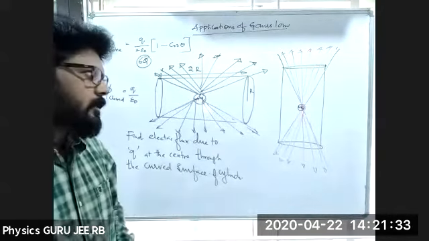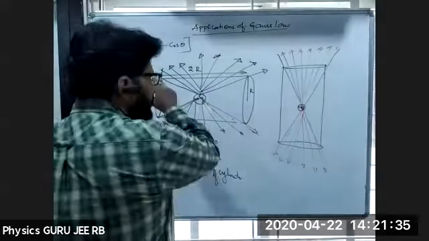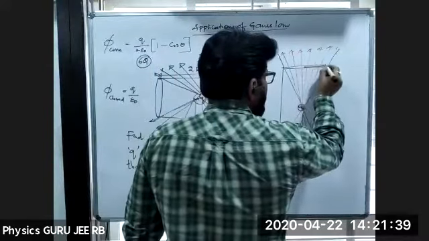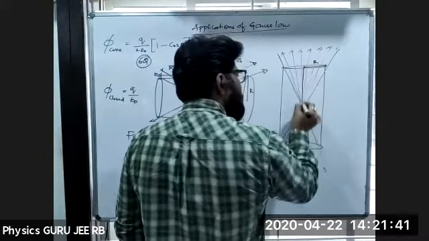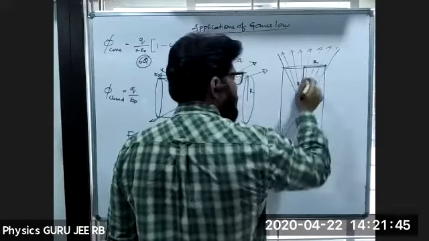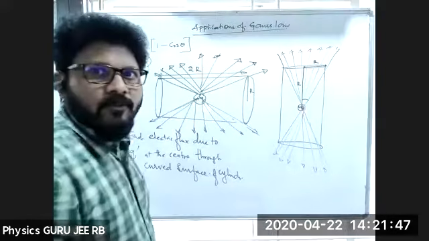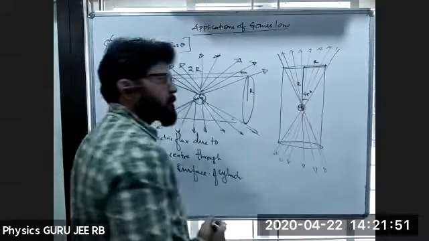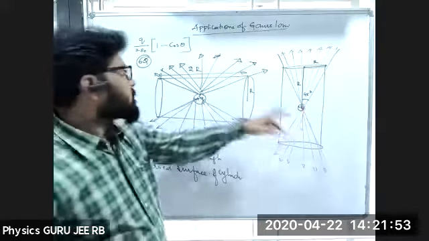For that, this is nothing but 2R. Here it is R. This is nothing but R, right? This angle will become 45 degrees, since R tan theta gives 45 degrees. Take this 45 and substitute here.